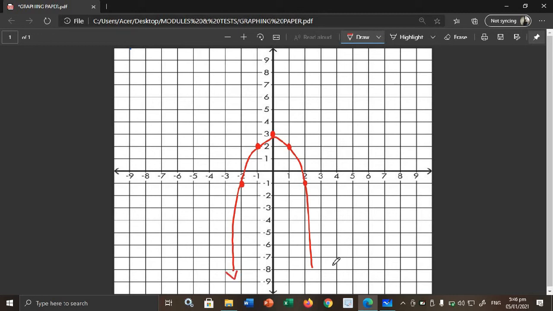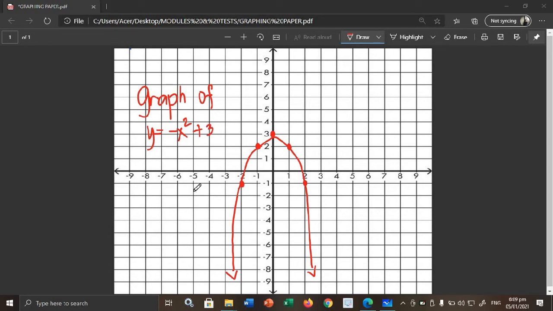Say that is the graph of our function, the given function. So, this is the graph of y is equal to -x squared plus 3.